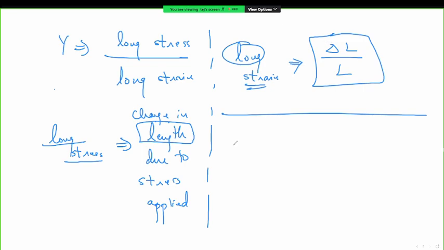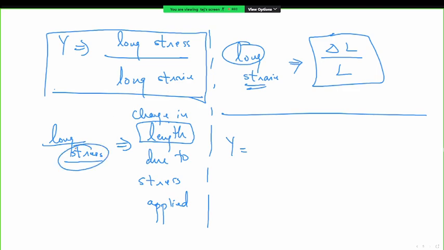I'll tell you what I mean. So Y was equal to longitudinal stress by longitudinal strain. Stress is nothing but F by A. Now, if you ask me, sir, what's the difference between stress and longitudinal stress? If you're applying stress and only the length of the body is changing, then that specific kind of stress is called longitudinal stress.